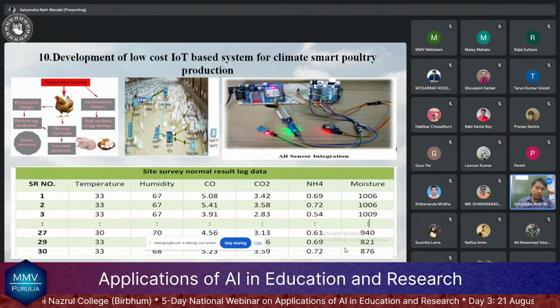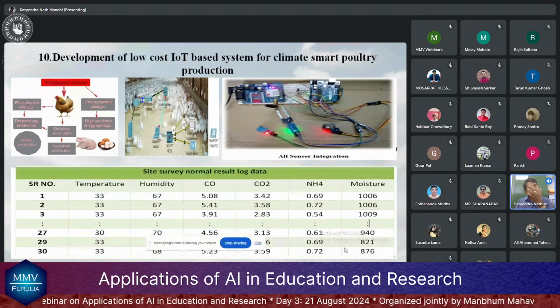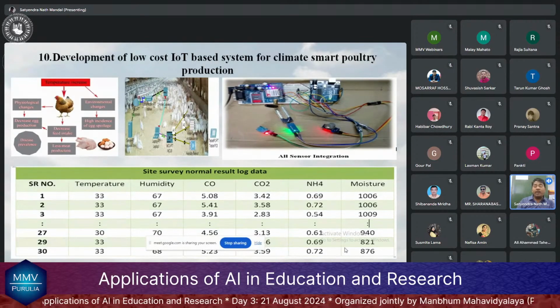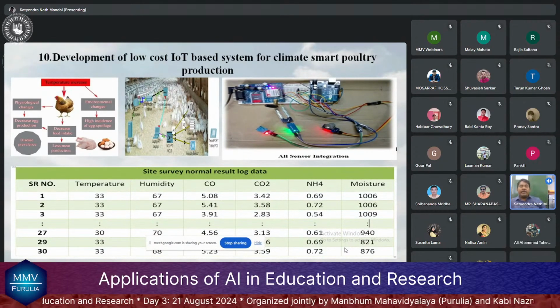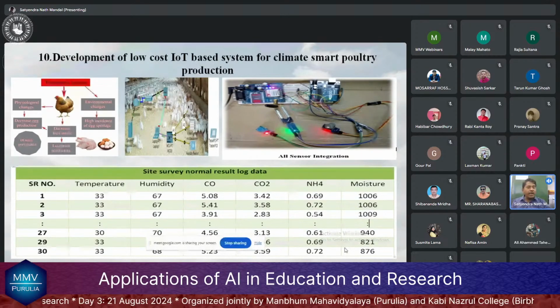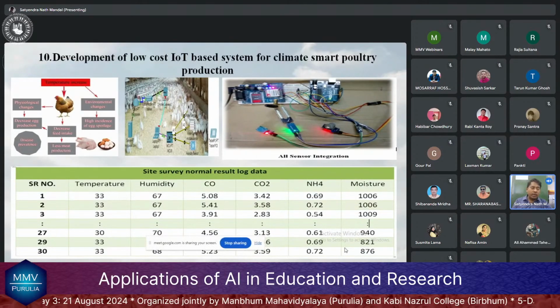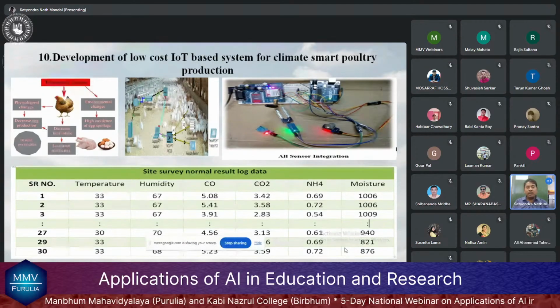We put an IoT device in the poultry farm, and we collect temperature, humidity, carbon monoxide, carbon dioxide, ammonia, moisture, etc. There are theoretical threshold levels, and we can also calculate them for the place. If some gas or temperature goes beyond the threshold, some precaution will be taken.